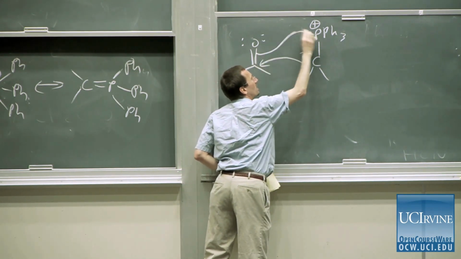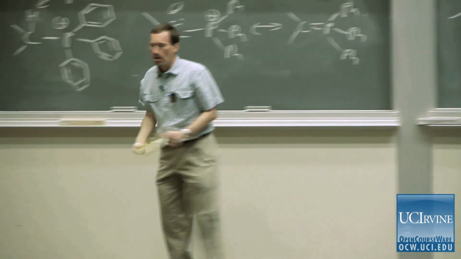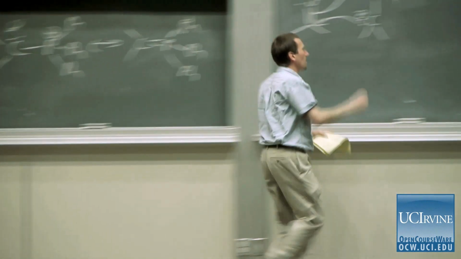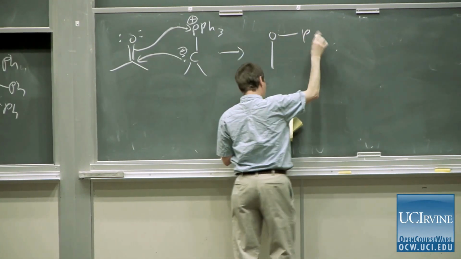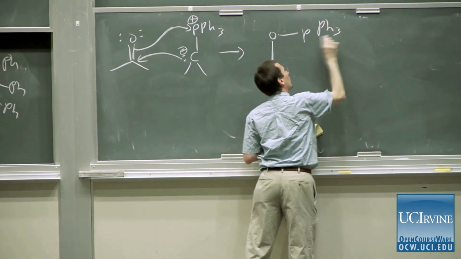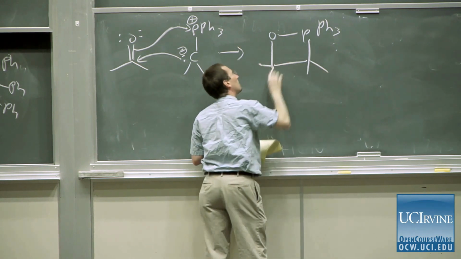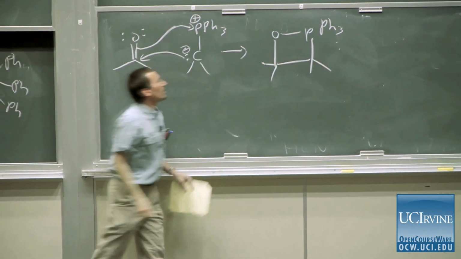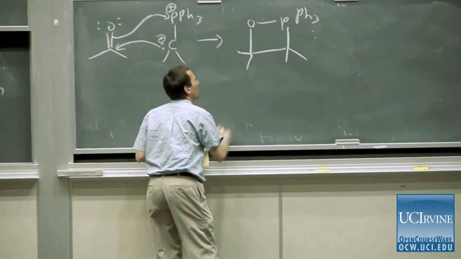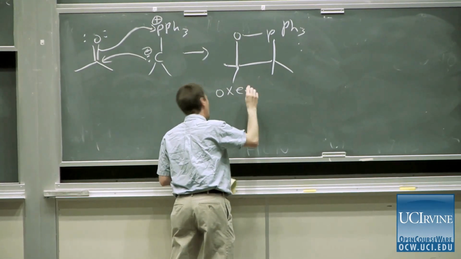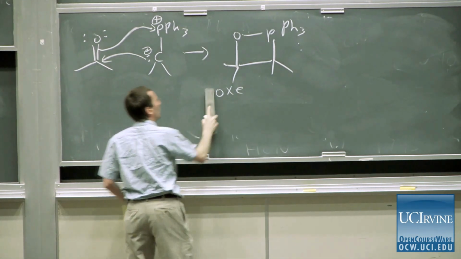So I should say we can go ahead and have our electrons flow like so, forming a four-membered ring called an oxaphosphetane. I'll write out the name for it. And this is an intermediate that actually can be observed experimentally.